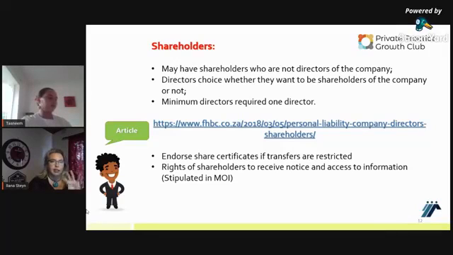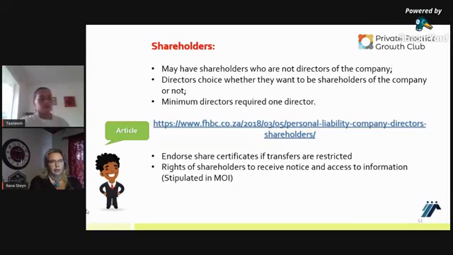Usually, if you look at your share certificate in the bottom left hand corner, there would be special conditions. So maybe you get into an agreement with somebody and they offer you 500,000 Rand in terms of investment in your company, and you are not allowed to transfer your shares until that money has been paid off. Then they can have that as a stipulation on the share certificate.